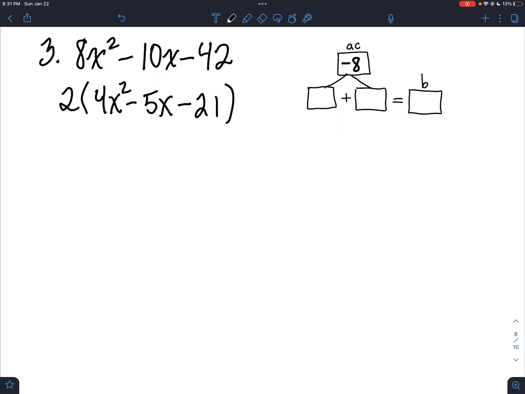So A times C is negative 84, and B is negative 5. So 84, we have to break that down and try and find all the factor pairs. We of course have 1 and 84. We can cut this in half, we get 42. I think 3 works too. 4, we'd have to cut this in half, 21.